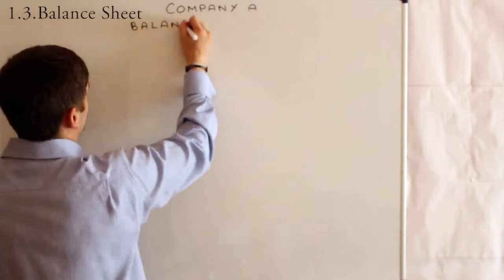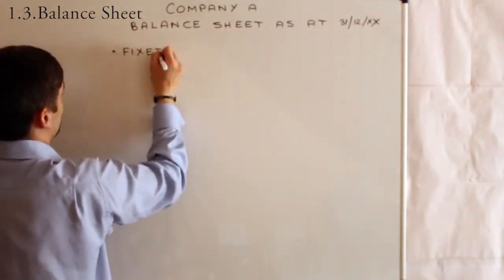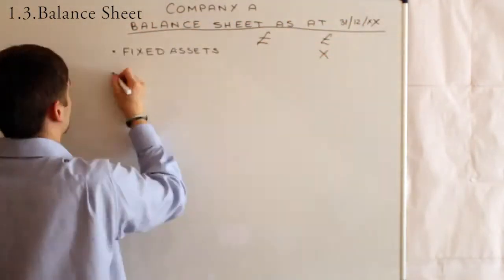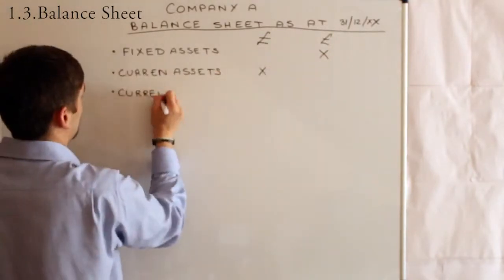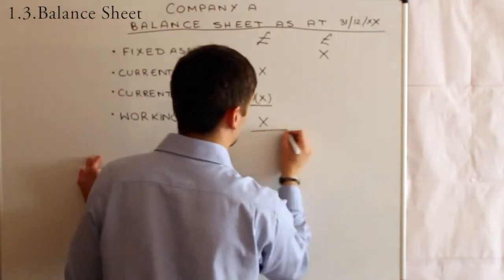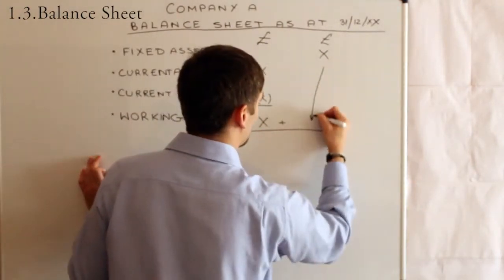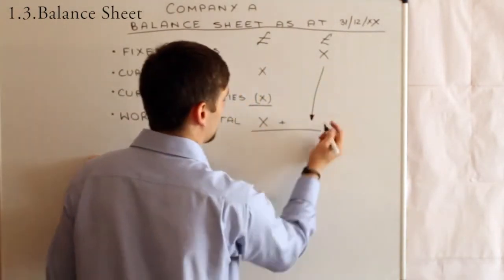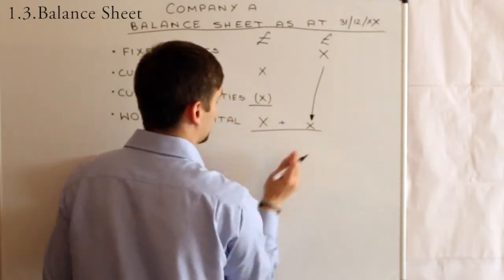I will draw a different format of balance sheet now. Current assets less the current liabilities gives us the working capital of the company. That working capital of the company plus the amount of fixed assets.